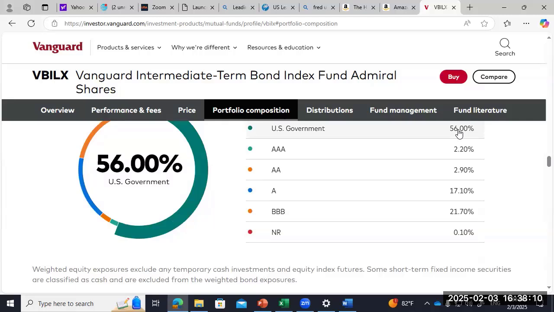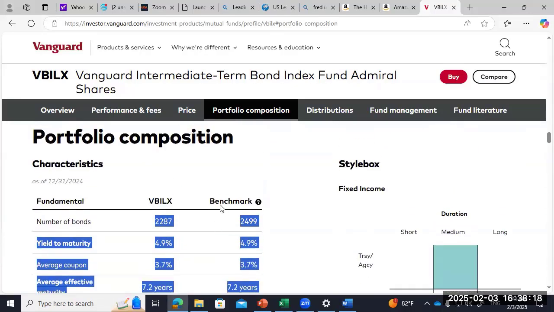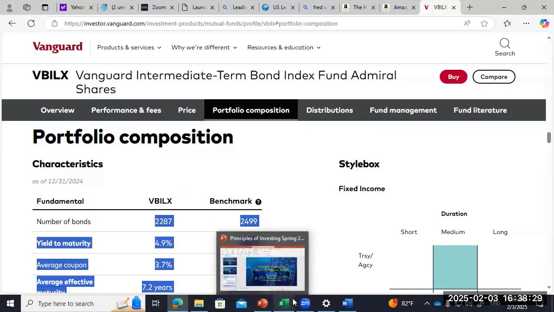What if you don't want 56% in government bonds? Then you'd have to buy a corporate bond fund, not this type of bond fund. Why does it have 56%? Because its benchmark has 56% treasuries, right? So the benchmark dominates what you're going to see here on all of these asset classes.